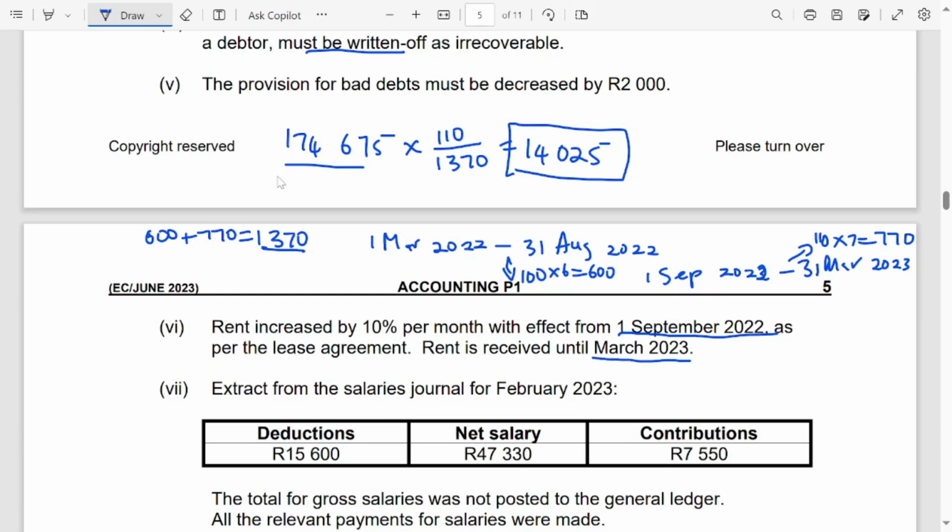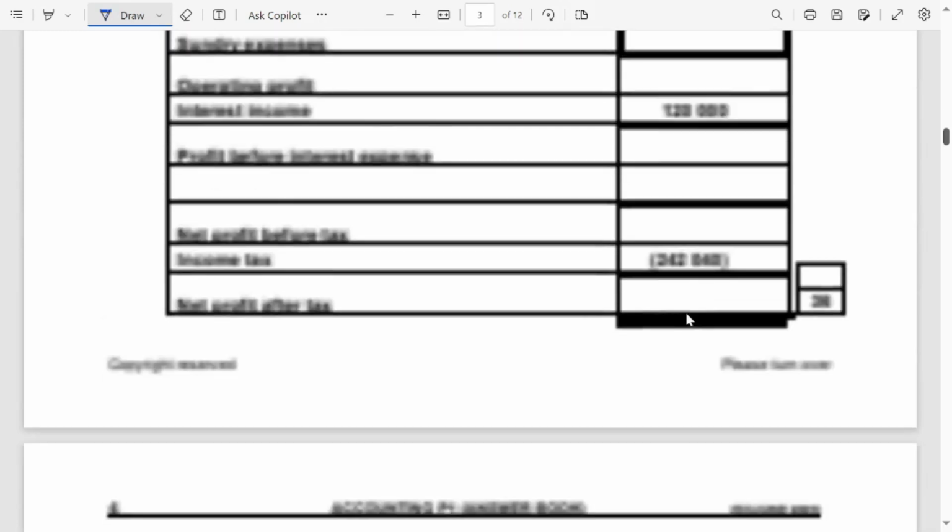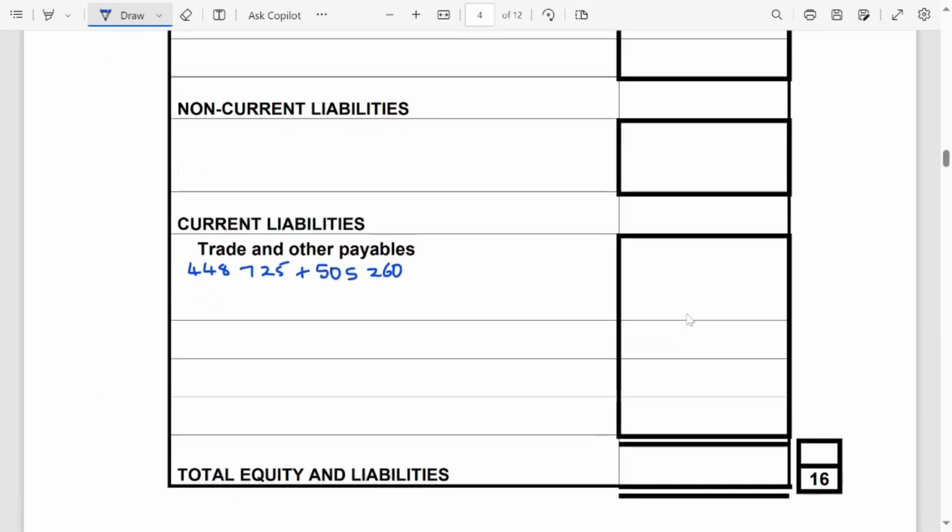This income received in advance must be subtracted in the income statement as 14,025. We must also record it in the balance sheet, under trade and other payables: 14,025.